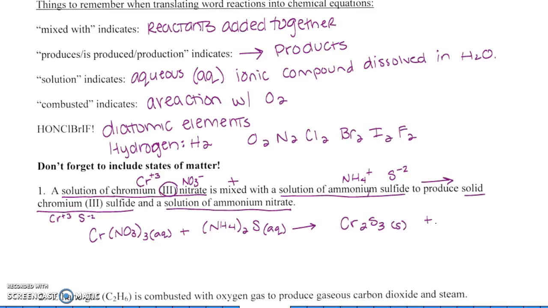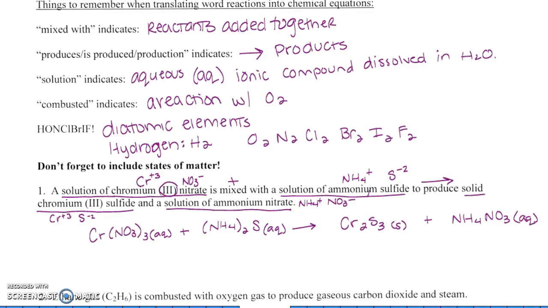And "and" always indicates a plus sign, a solution of ammonium nitrate. Ammonium, again, we know is NH4+, and nitrate, again, we know is NO3-. So I need one of each to make a balanced or a neutral chemical formula. So NH4NO3, and again, it's a solution, so we are going to write aqueous at the end.